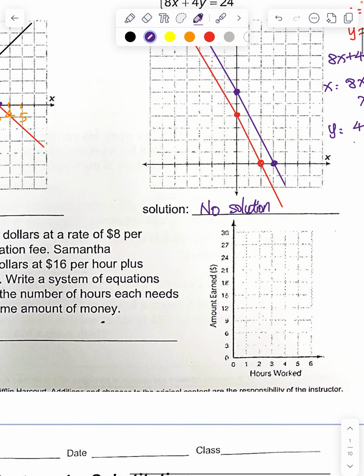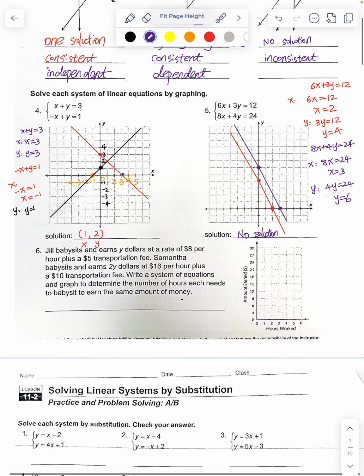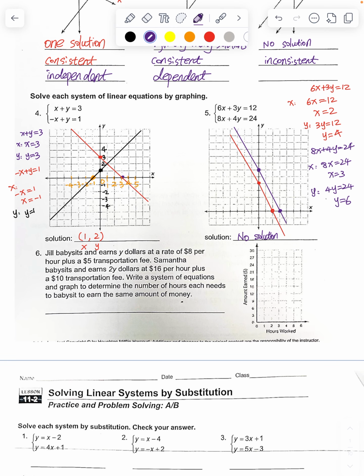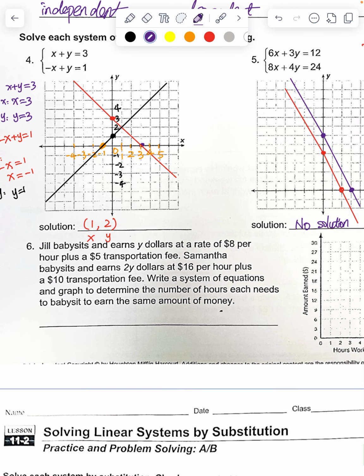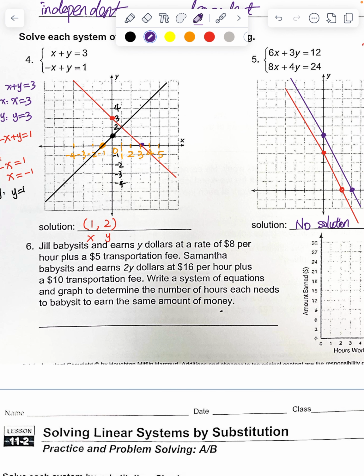All right. Number 6. Jill babysits and earns $y at a rate of $8 per hour plus a $5 transportation fee. So she earns $y, and the rate is $8 per hour, so 8 times the number of hours she babysits, and then plus 5.